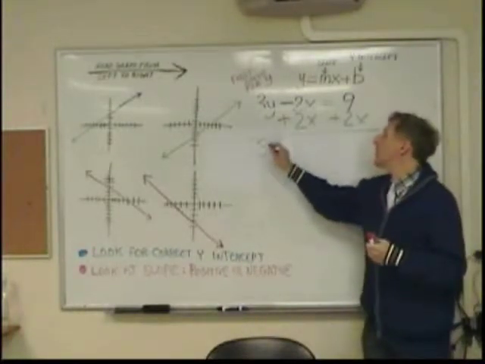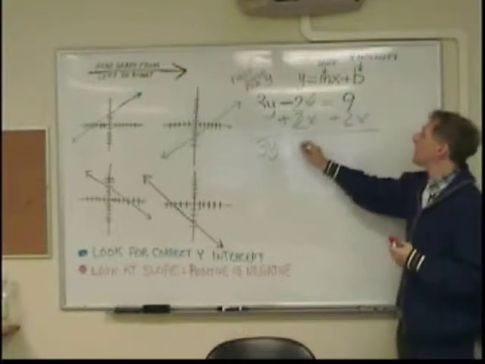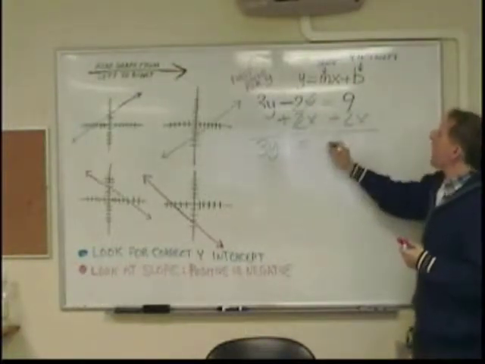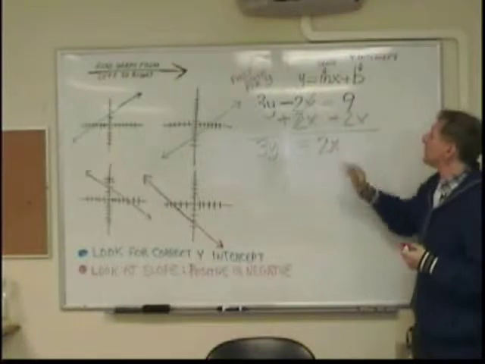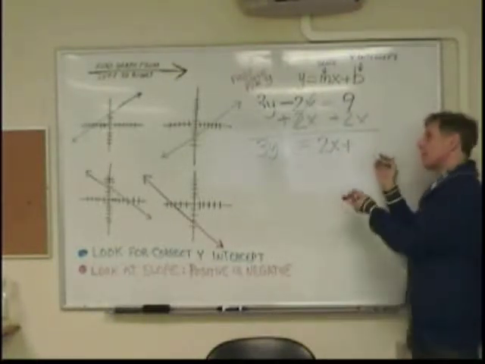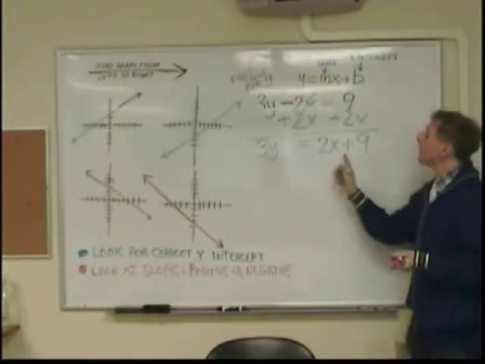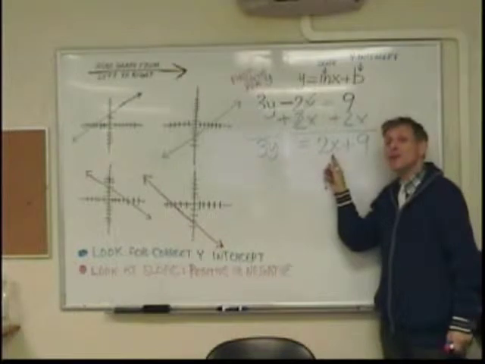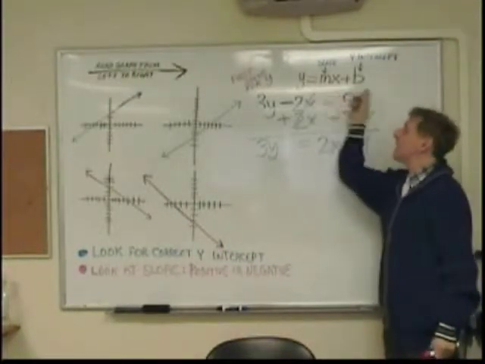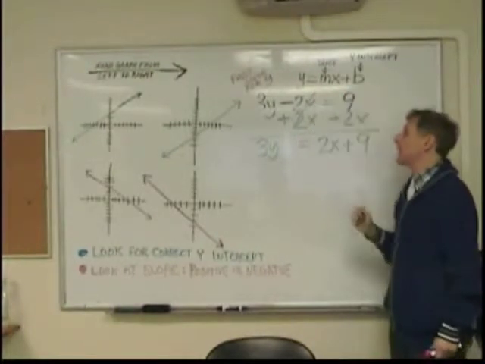And that will leave me with 3y, these cancel, negative 2x, positive 2x, equals, I'll put my 2x first. I can't combine a number with a letter, so I'll just put them side by side with my x value first because it keeps it in this format, y equals mx plus b.